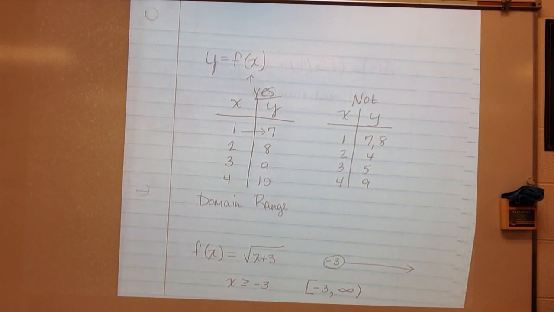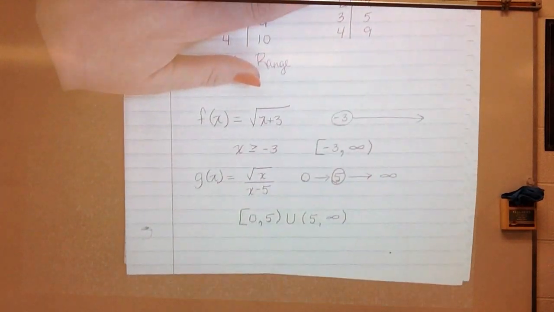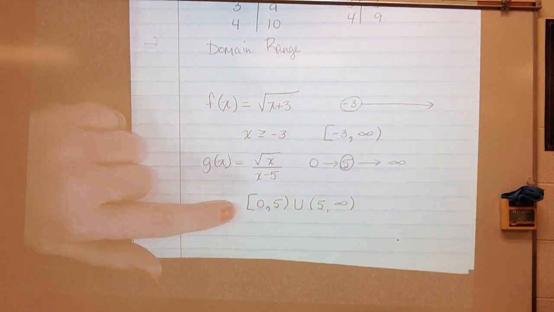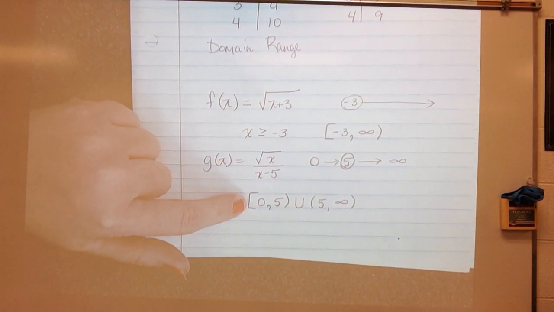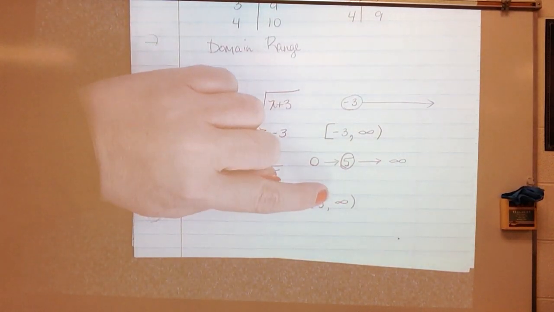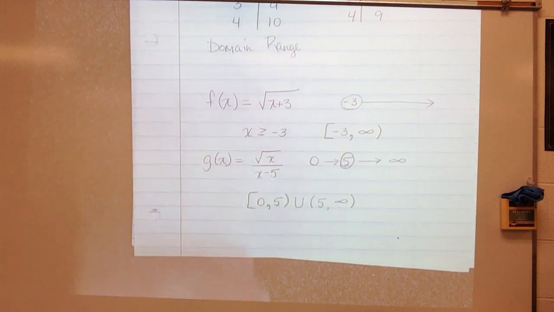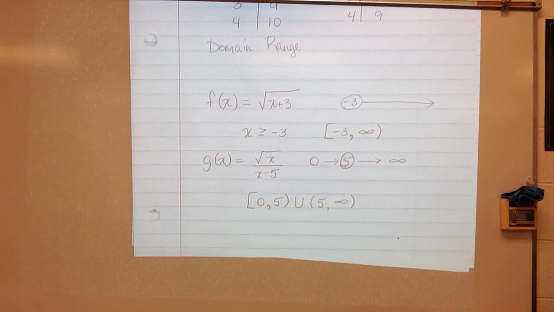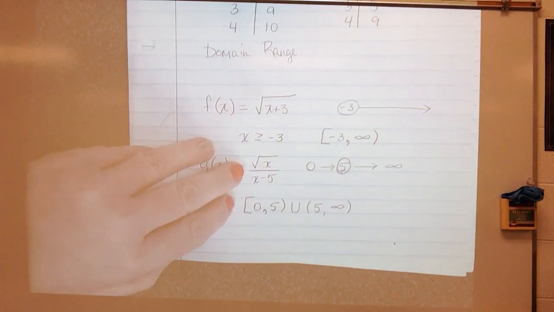Where does the graph start? The graph starts at -3, and it moves towards the positive side. Looking at the second one, we said that our domain has to start at 0 and go to 5, and then it stops at 5 and comes back to infinity. Look at that graph. What happens at 5? It's straight up and down. 5 is not included. So therefore, my graph is supporting what we figured out.